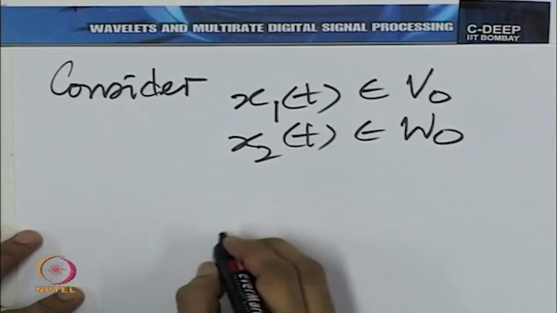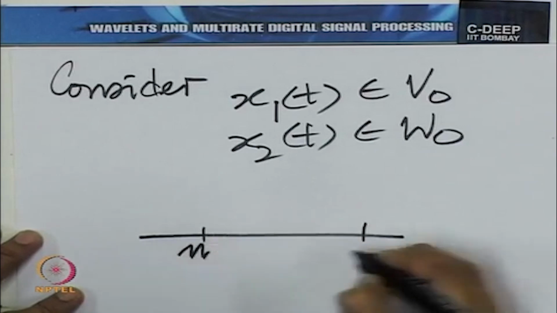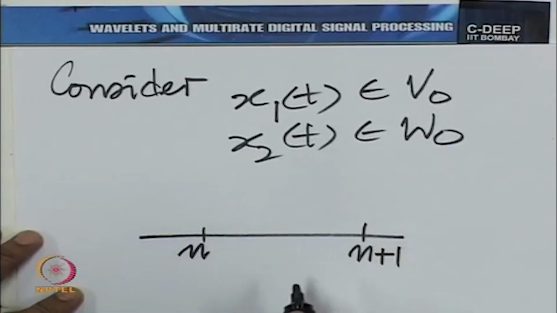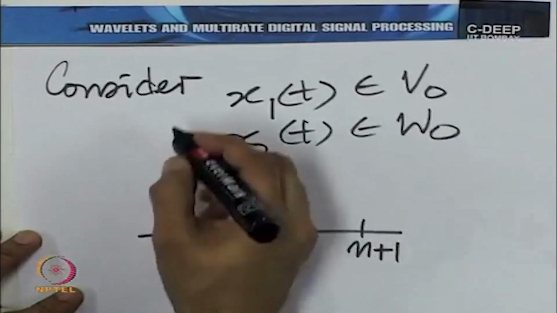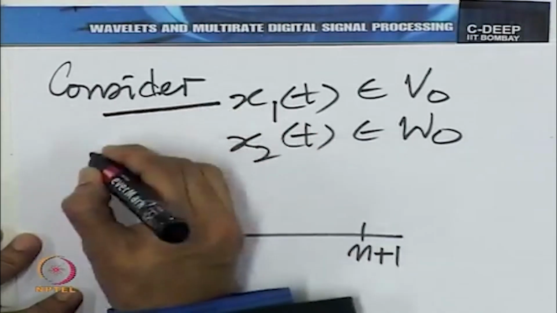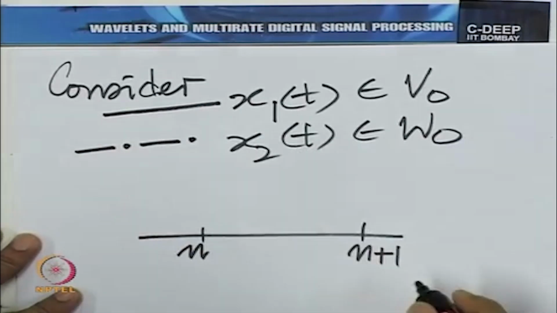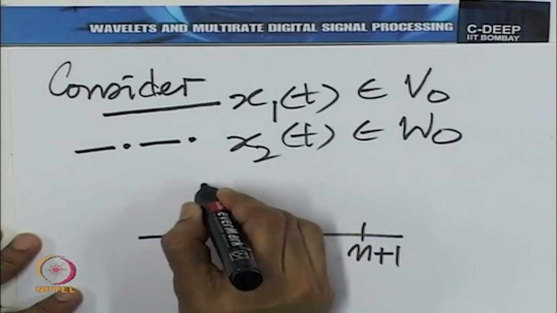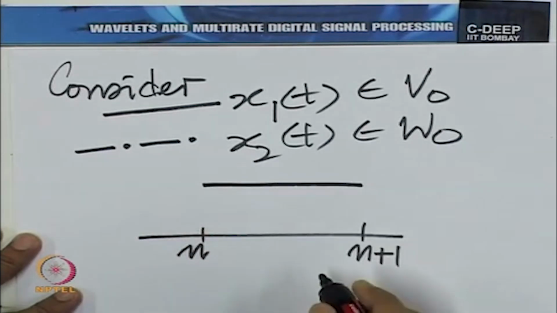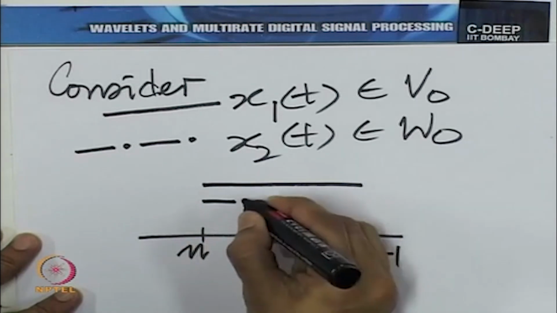Let us focus our attention on a particular interval, let us say n to n plus 1. Let us draw the function x1(t) by a solid line and this one by a dot dash line. What would a typical function look like? The x1(t) function would look like this, and the x2 function might look something like this.